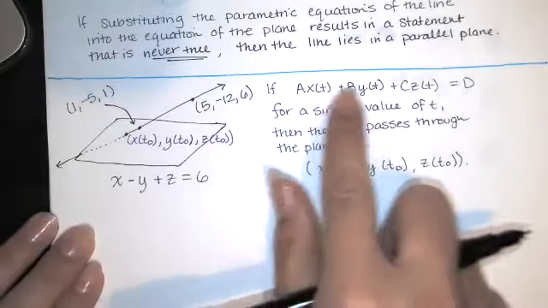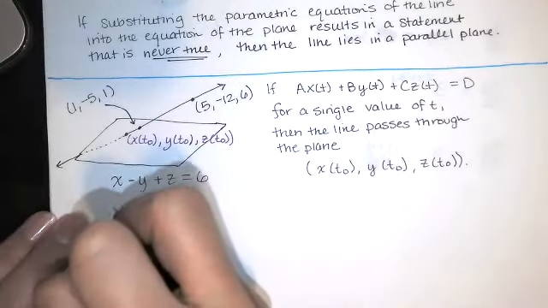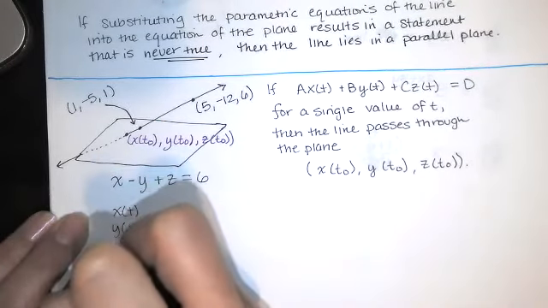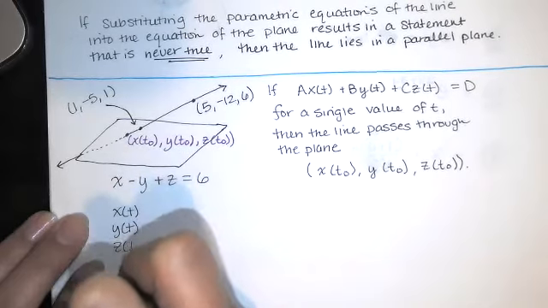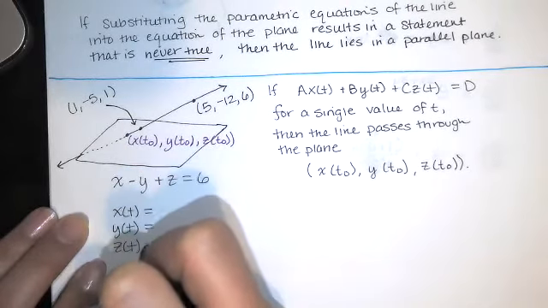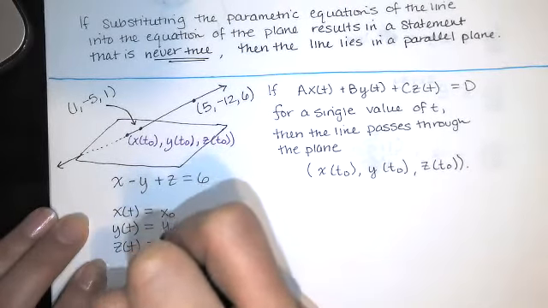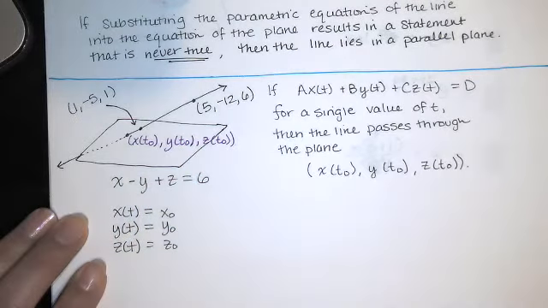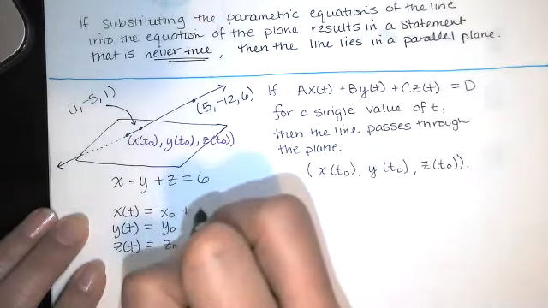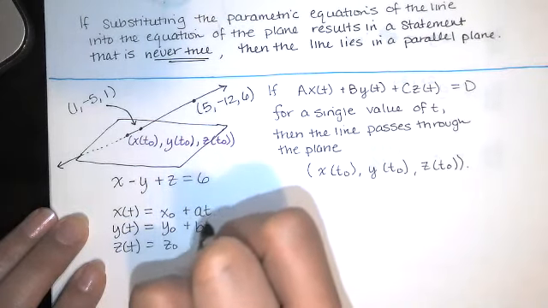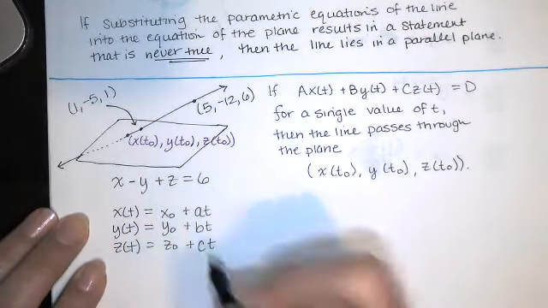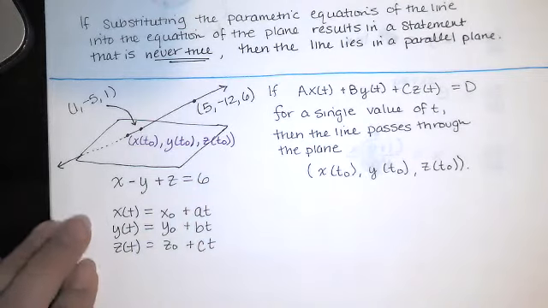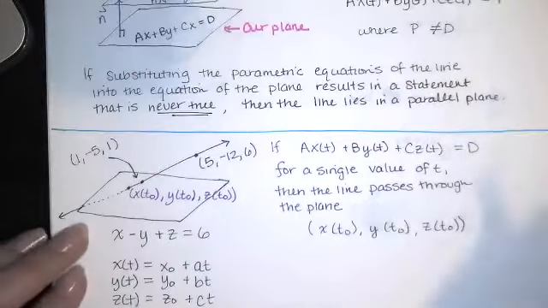Okay, so that's the plan. We just need to find x of t, y of t, and z of t, the parametric equations of the line. And remember how that works. You just use x naught, y naught, and z naught right here. That's any point on the line. So you could use this one or this one, doesn't matter. And then we also need a direction vector with components lowercase a, b, and c.